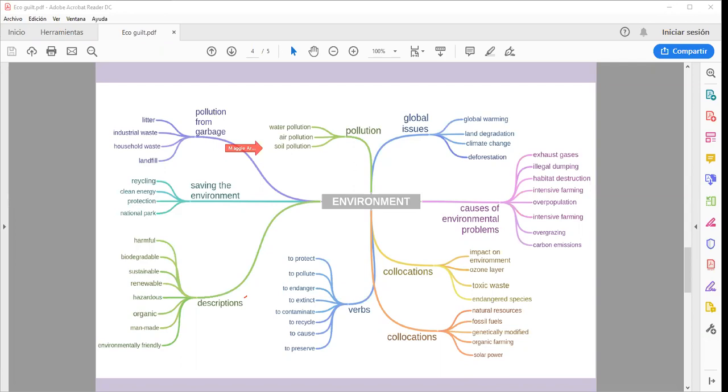Juan Bernardo, excellent. Air pollution for gas, CO2, acid contamination, and smoke. Excellent, Juan. Thank you. Nora, air pollution is due to the smog of cars and factories. Hey, that's great, Nora. Thank you very much.